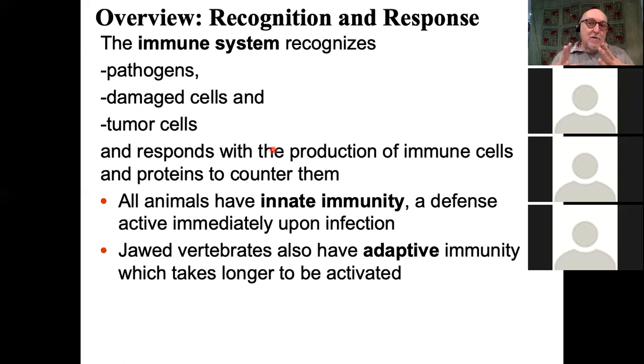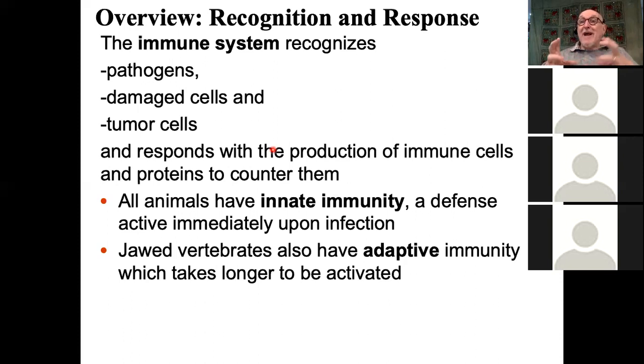The adaptive immune system is adaptive because it can respond in novel ways to the presence of an insult. The innate immune system does not respond in a novel way. It responds in a pre-programmed way.